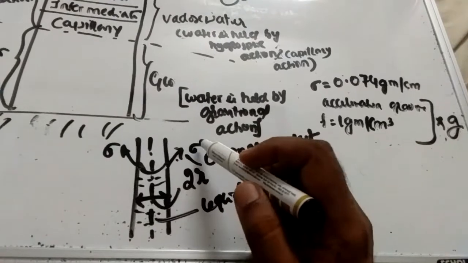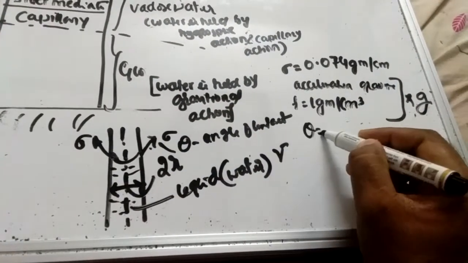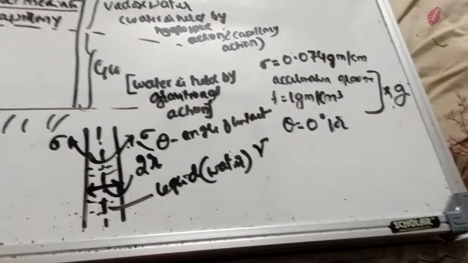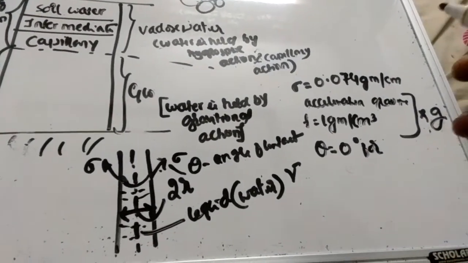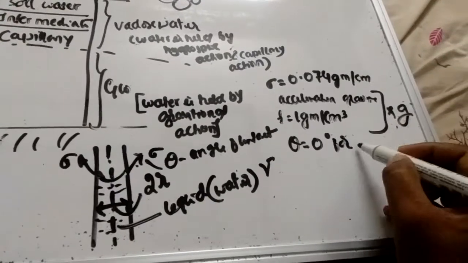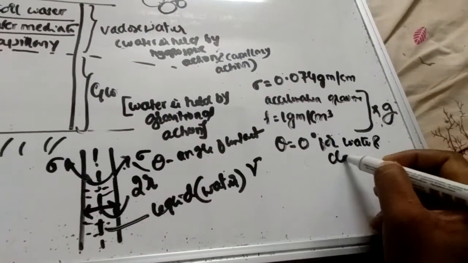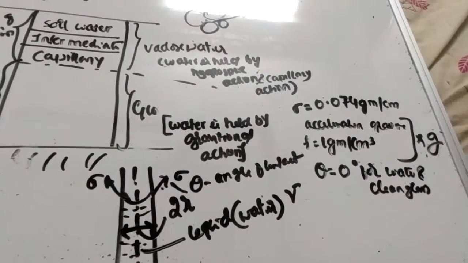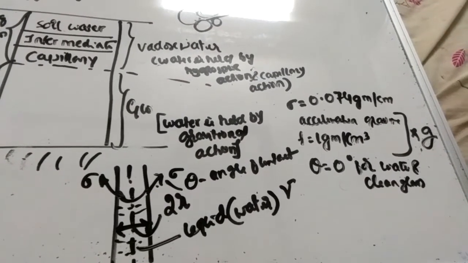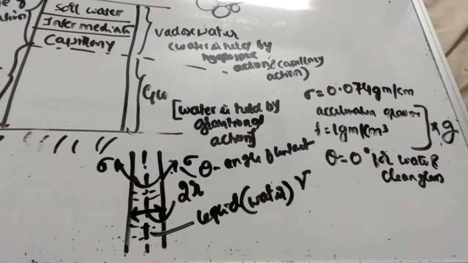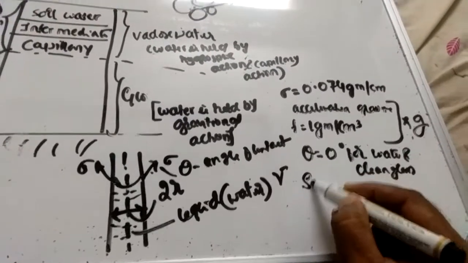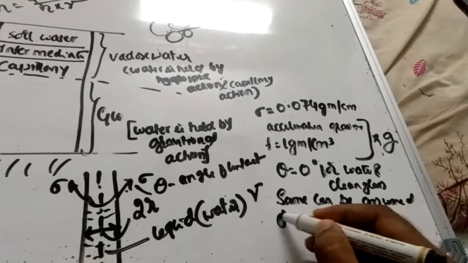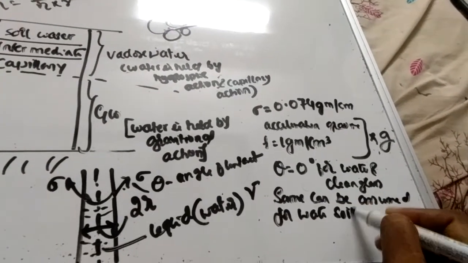Theta is approximately equal to 0 degree for water and clean glass. The same can be assumed for water and soil also.